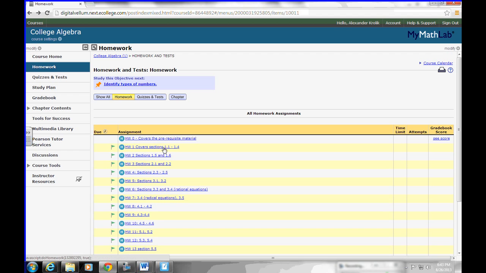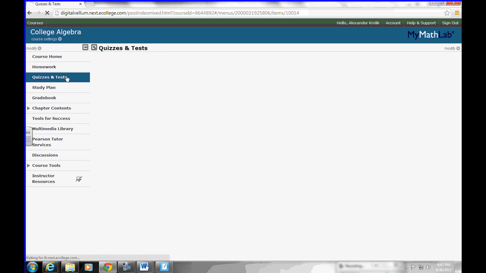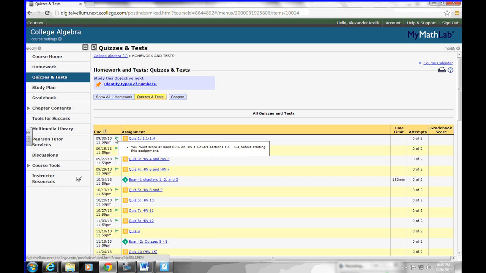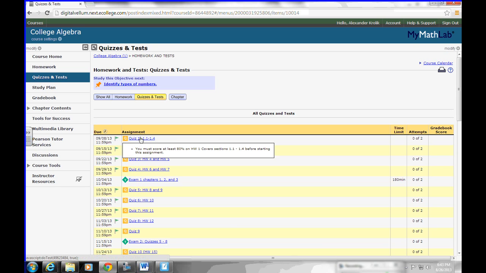And after you're done with that homework, there are quizzes. So quiz 1. In order for that quiz to open, you need to score 80% on homework 1. So that opens up that quiz. You can take that quiz. It will look exactly the same as the homework, only it will not have those extra help features, show me an example, ask your instructor, fantastic things.